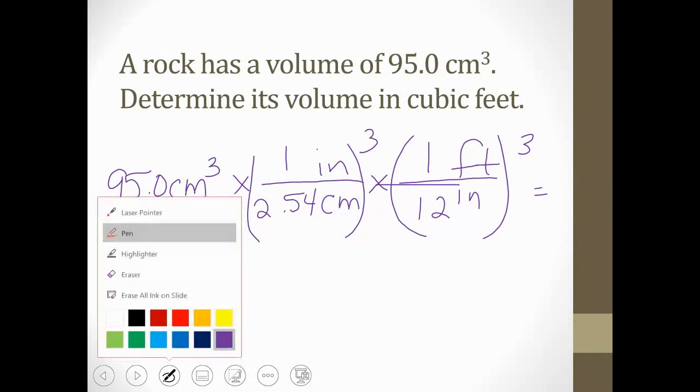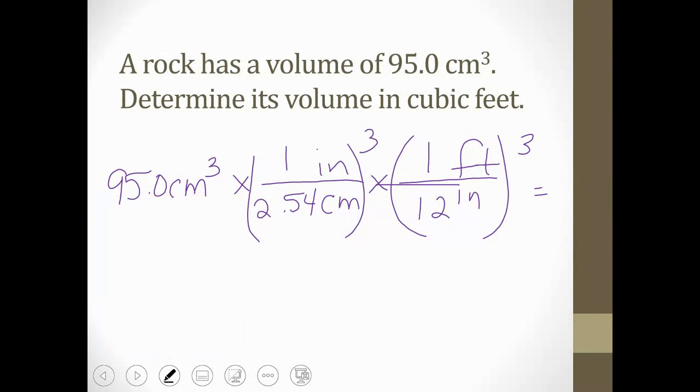So to solve this, we're going to have to take that 95 and divide by 2.54 three times, or divide by 2.54 to the third. And then we're going to have to divide by 12 three times, or divide by 12 to the third. When you do that, you get an answer of 1.24 times 10 to the negative third.